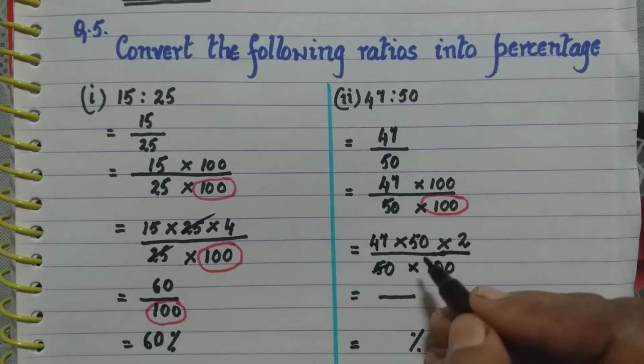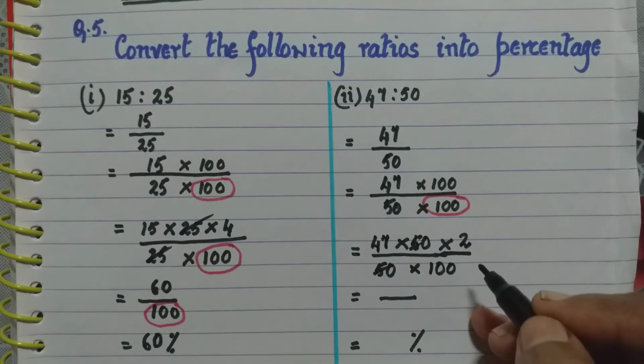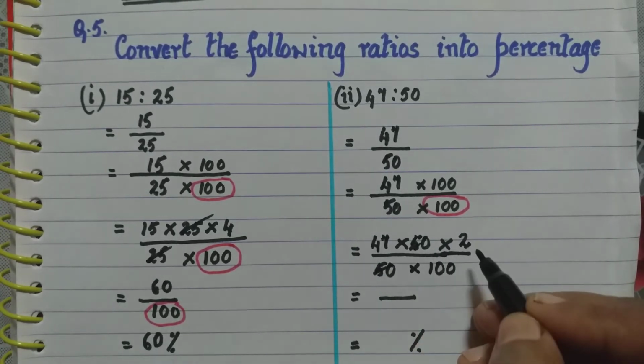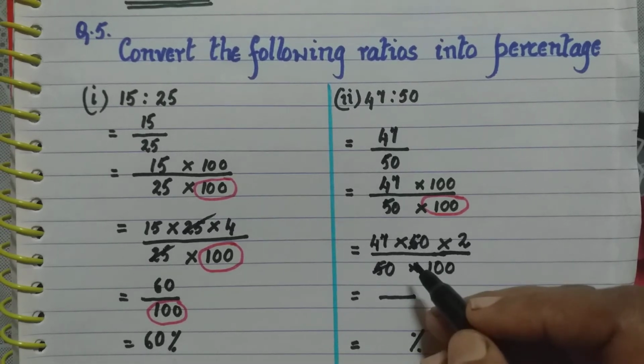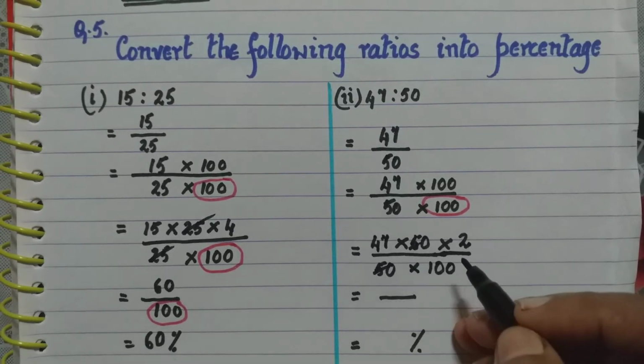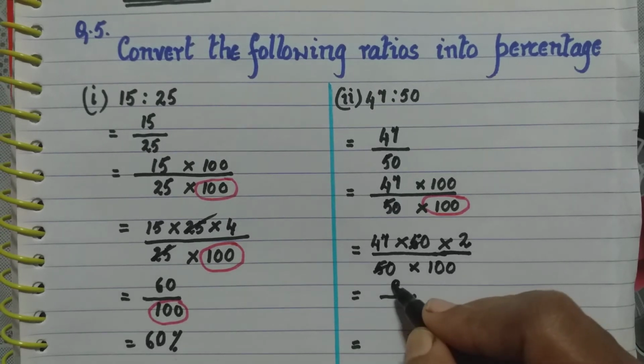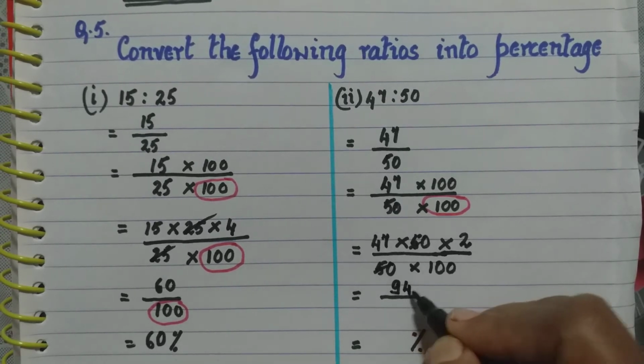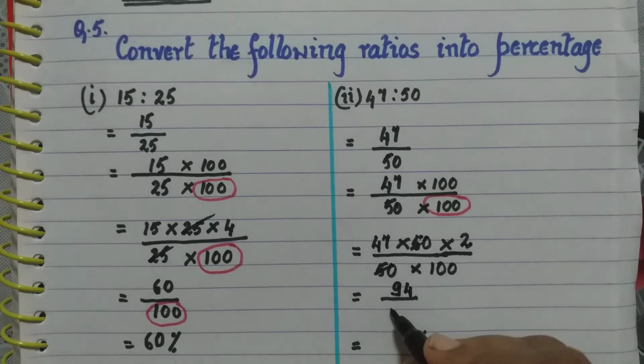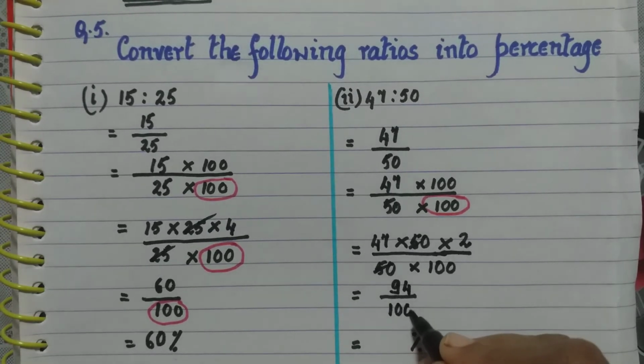So now this 50 and this 50 cancel. What is left? 47 into 2. Now 47 into 2 will be 94. So we write 94, and this 100 is left as it is. So we write upon 100.